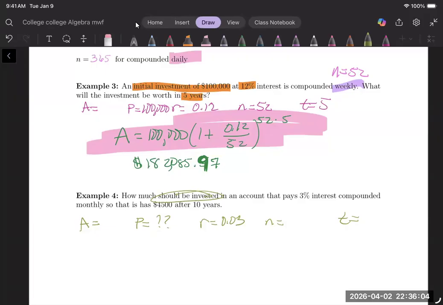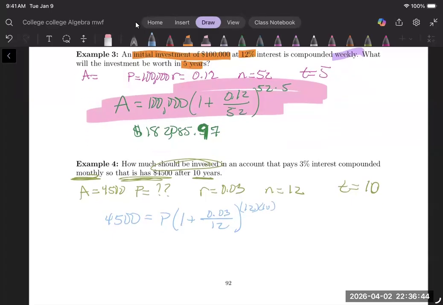Interest that compounds monthly, so that is 12, after 10 years. It will have 4,500, so that is my A. So 4,500 is equal to P times 1 plus 0.03 over 12, to the 12 times 10.